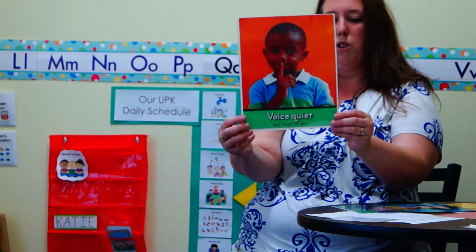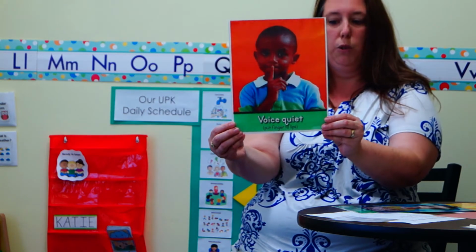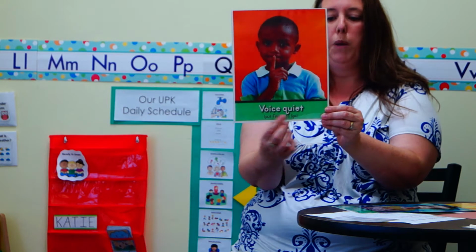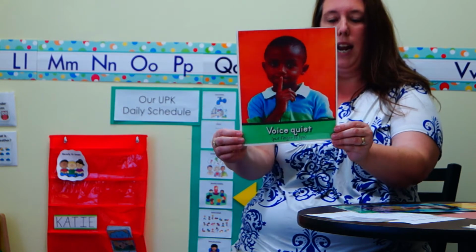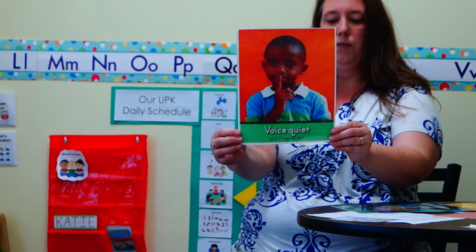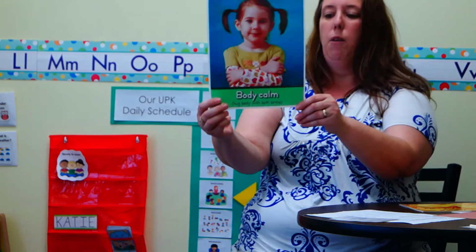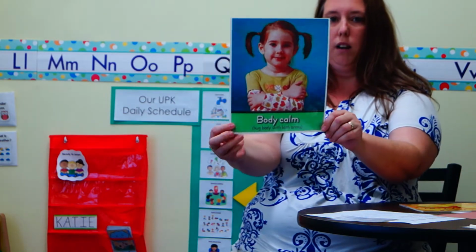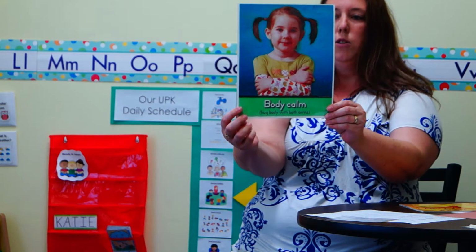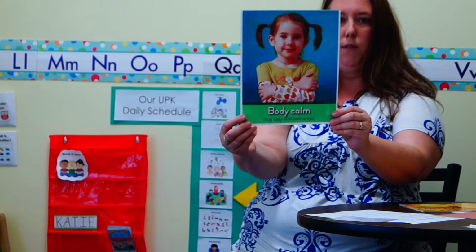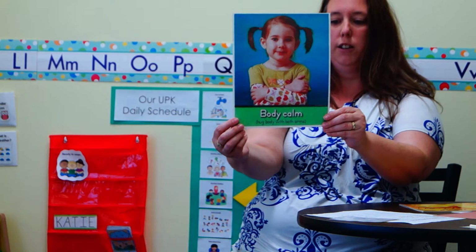Sometimes we can use our loud voices, but if it's during group time, our voices should be quiet. That way everybody can hear. And when we're at school, we use our calm bodies so that we stay safe and don't hurt ourselves or others.